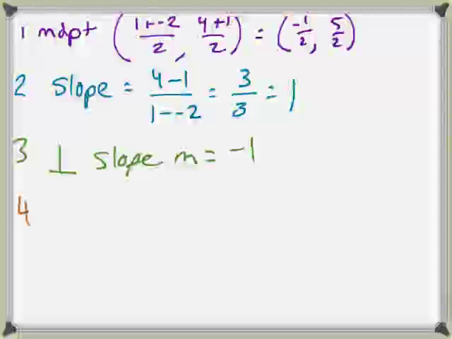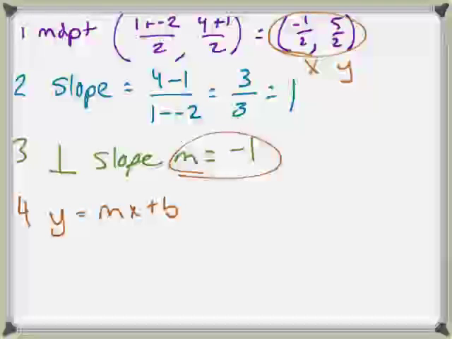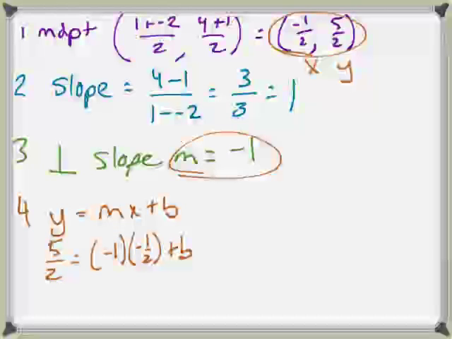And step 4 is to apply y equals mx plus b to that perpendicular slope and to our midpoint as being our x and y. So 5/2 equals negative 1 times negative 1/2 plus b. So 5/2 equals positive 1/2 plus b.